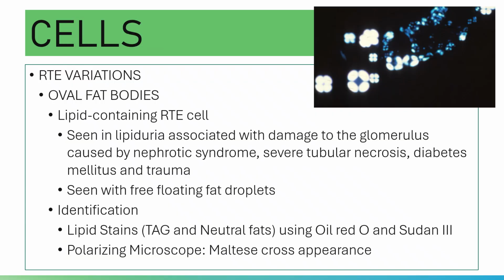Renal tubular epithelial cells are capable of absorbing substances. Your oval fat bodies are RTE, or renal tubular epithelial cells, that have absorbed lipoproteins with cholesterol and triglycerides that have leaked from damaged glomeruli.